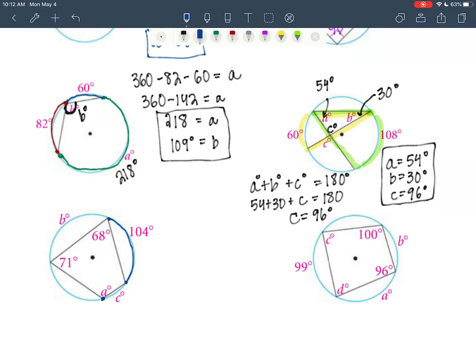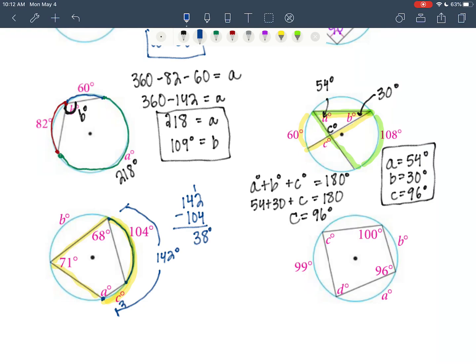I love that 68, and I like the 71 too. So look at the 71. 71 is attached to this whole thing. So that whole thing is going to be 2 times 71, which would be 142. So this whole thing is 142 degrees. So C is going to be 142 minus 104.